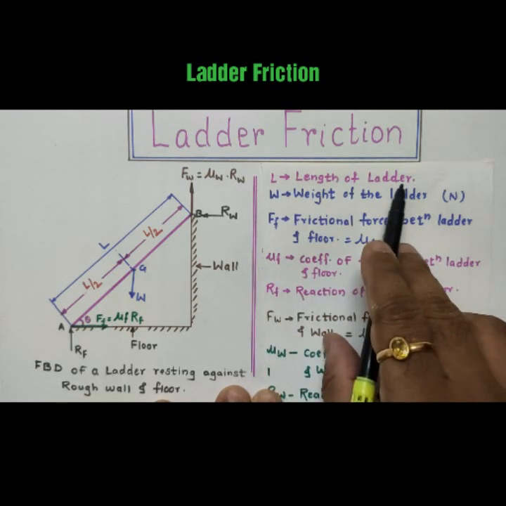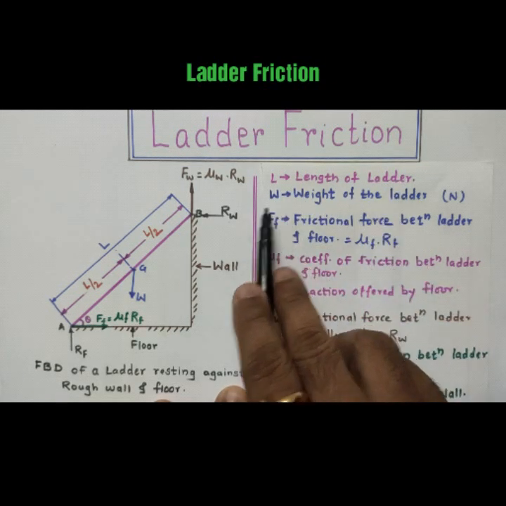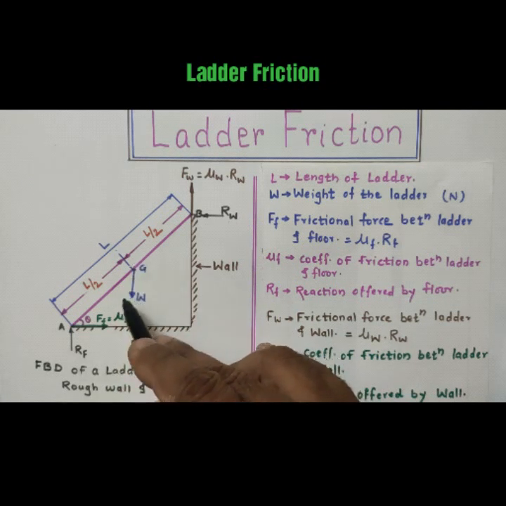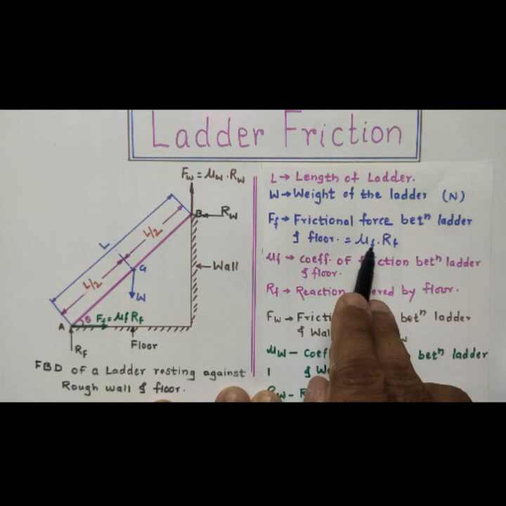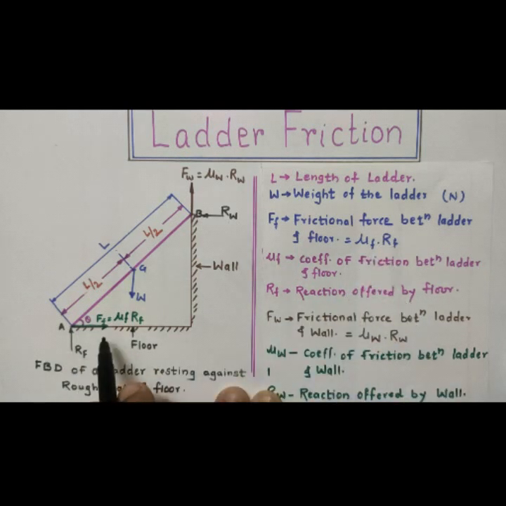Capital L is the length of the ladder, capital W is the weight of the ladder, and Ff is the frictional force between the ladder and the floor, which is equal to mu f into Rf. So mu f is the coefficient of friction between the ladder and the floor, and Rf is the reaction offered by the floor.